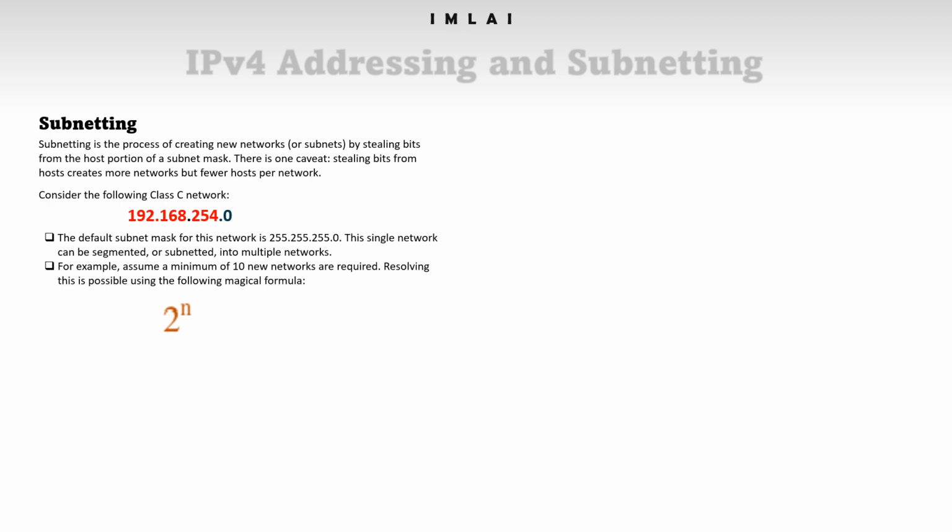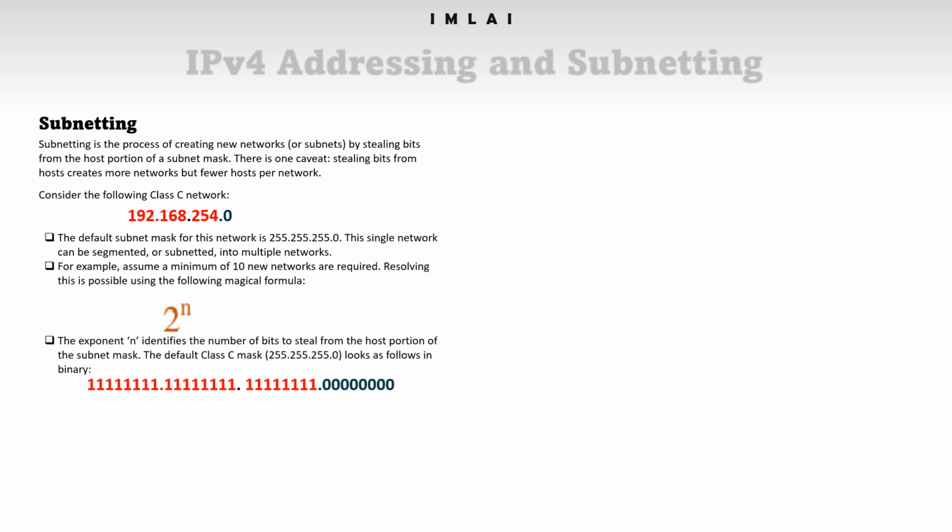The default class C subnet mask is 255.255.255.0, which if we convert into binary looks like this: 255 is all ones, 255 is all ones, 255 is all ones, and 0 is all zeros.